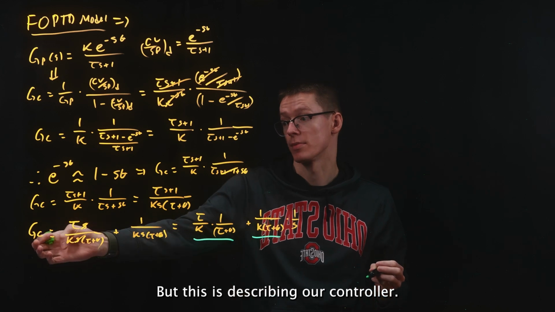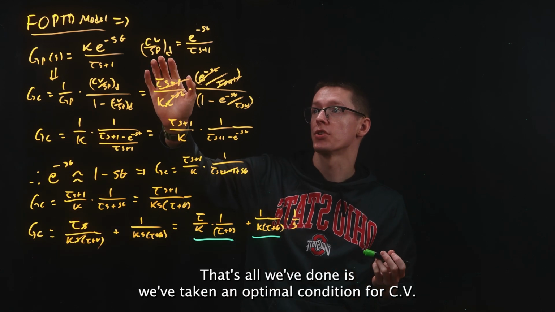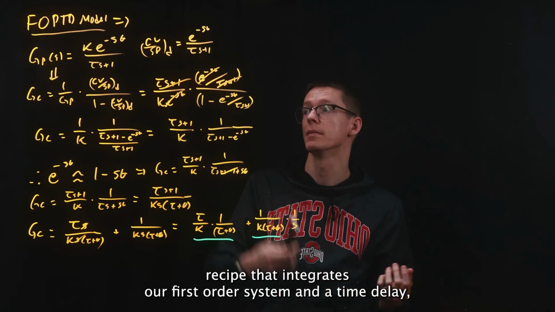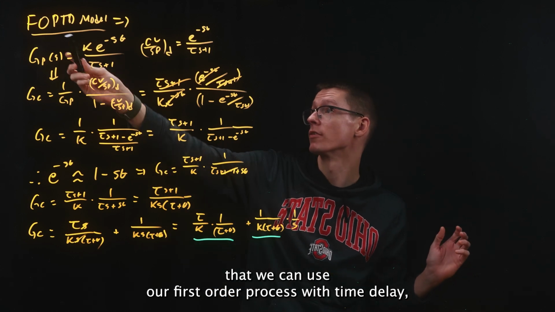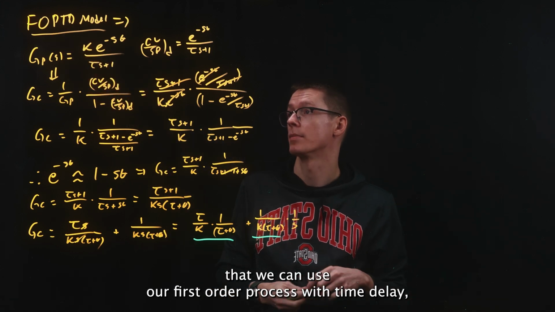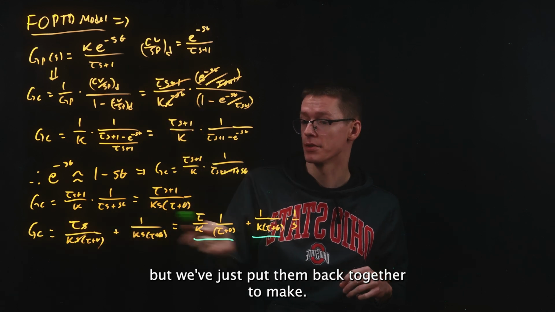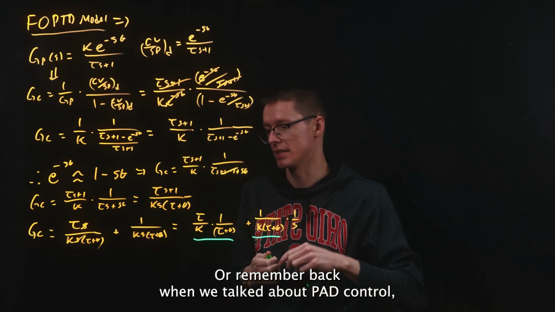But this is describing our controller. That's all we've done, is we've taken an optimal condition for CV over SP that integrates our first order system and a time delay, and we've taken a process model that exists that we can use, our first order process with time delay, but we've just put them back together to make GC. But what did we get? Well, remember back when we talked about PID control.